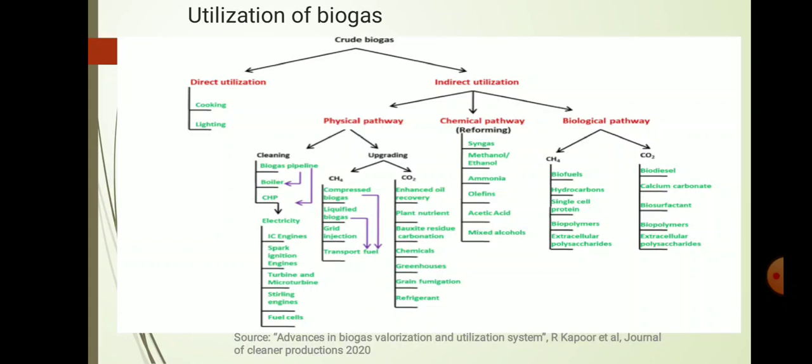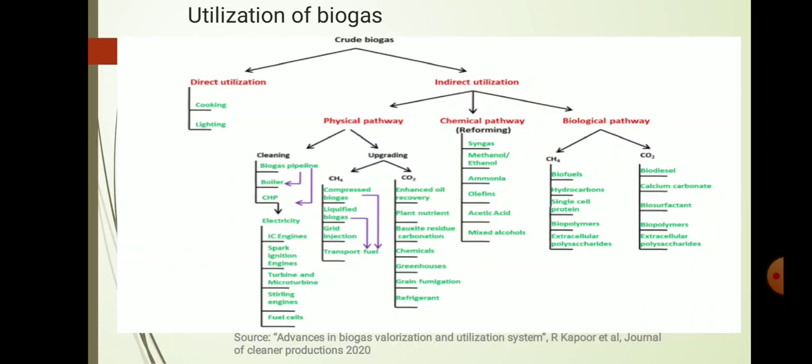Then another possible way is the chemical pathway. What is the chemical pathway? We convert biogas, with the help of chemical reactions, into other products. For example, syngas, which is a mixture of hydrogen and carbon monoxide. How do we produce syngas from biogas? We have to use steam reforming.